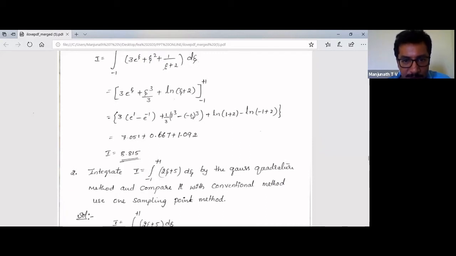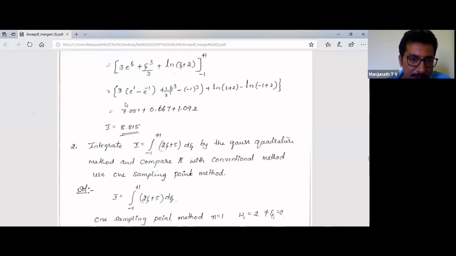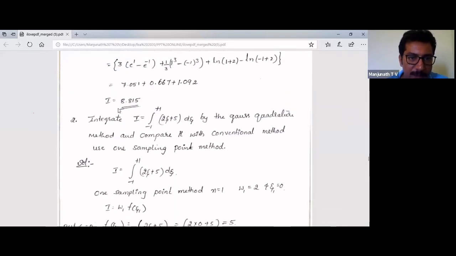Then this becomes -1, -1, minus into minus becomes plus, so again 1 by 3 into whatever this value gives. Plus you need to use a calculator for this. Then using ln 3 minus ln of -1 plus 2, which gives 1, ln 1 gives 1.092. Finally adding all these values, you get I equal to 8.815.